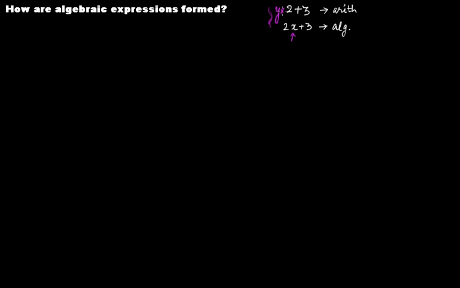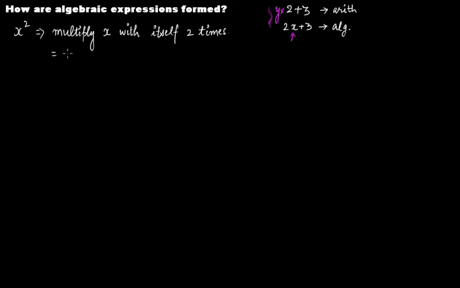Now, if we have an algebraic expression x squared, how is it formed? You will say that it's formed by multiplying x with itself 2 times.